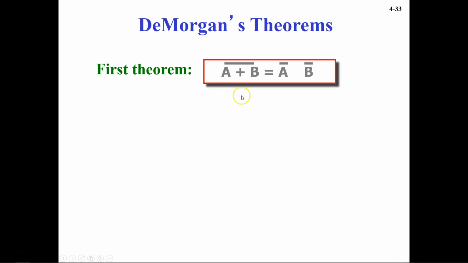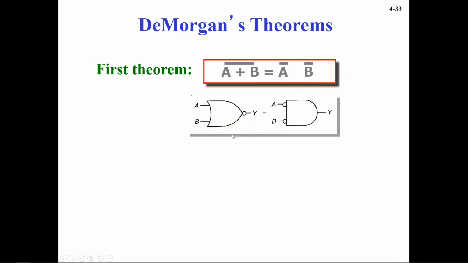So we are going to use the OR gate, and then we see a whole complement, which means there is a NOT gate, so we are going to use the NOR gate, right? And then on the other side, if you see A dot B, dot comes when you have an AND gate, but then you have A bar and B bar, which means A bar and B bar are going as inputs to the AND gate. So let's see the logic diagram.